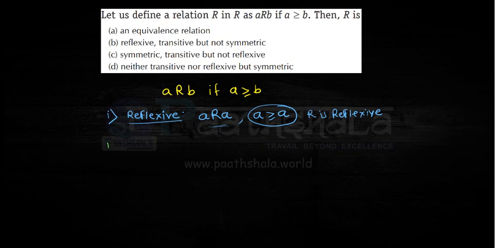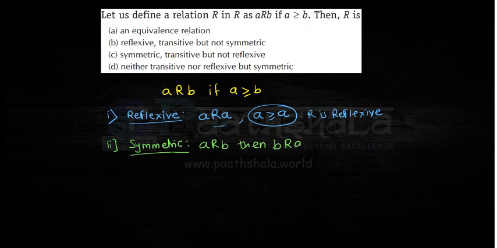Now, if we talk about symmetric, a symmetric relation is one where if A is related to B, then B must be related to A in the relation.